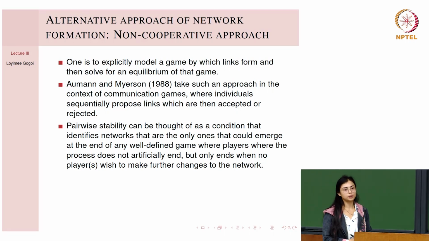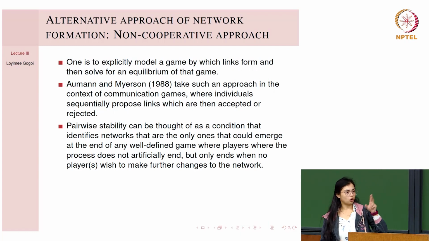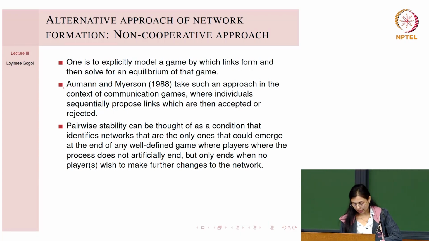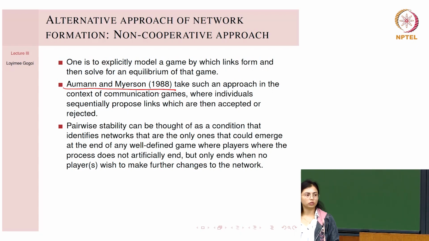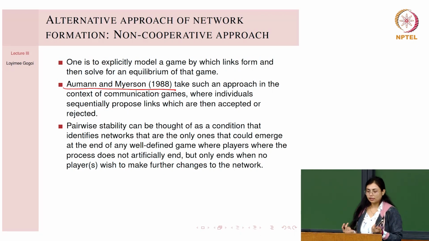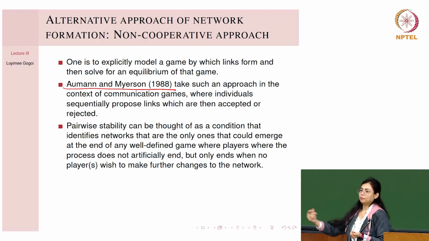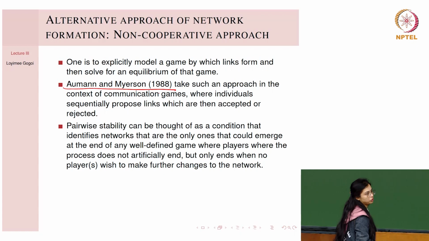I just want to mention this. I do not want to discuss it because these are non-cooperative approaches, and besides pairwise stability and strongly stable, there are two other models. First, in 1988, Aumann and Myerson discussed this non-cooperative approach. In a non-cooperative game, players have some strategy, and after that we can have some kind of equilibrium, one famous equilibrium being the Nash equilibrium.